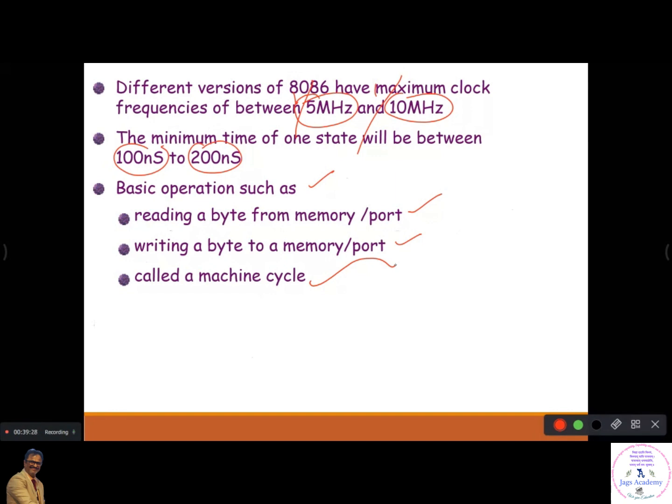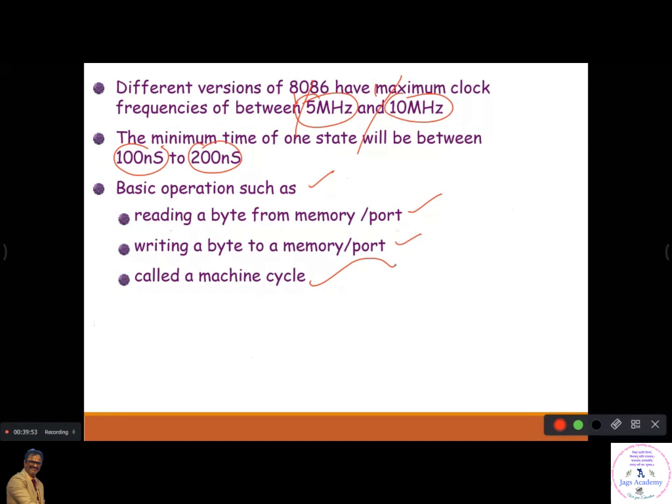Once again, it is reading from the memory only. So machine cycle is the time taken by the microprocessor to write data into the memory or read data from the memory. It's called machine cycle. Now we have to see how much time a particular instruction takes to complete execution. That's what we are going to see now.